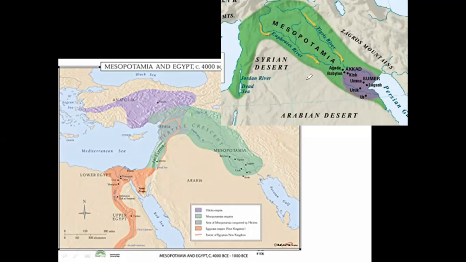We can call it a country, but an area would be more accurate. And right at the southern part of Mesopotamia, this area is today's Iraq. So this is the place where Sumerian art was created.